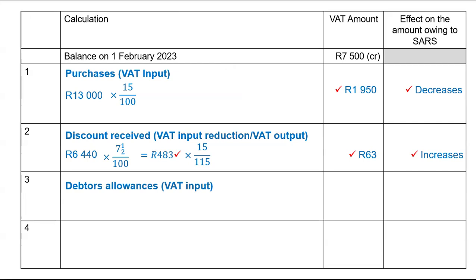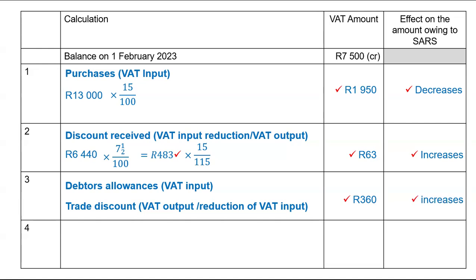And a trade discount, as I have said, should not be recorded. It is not recorded. Okay, so this 360 will result in the reduction. Actually, it has resulted in the reduction. So we need to reverse that. You got it? We need to reverse that. And for us to reverse that, we are going to record it as VAT output, which increases our VAT output.